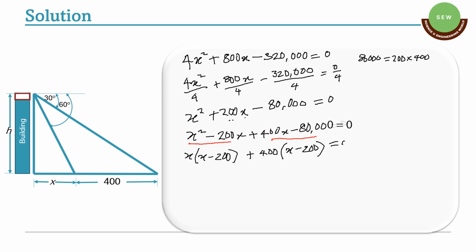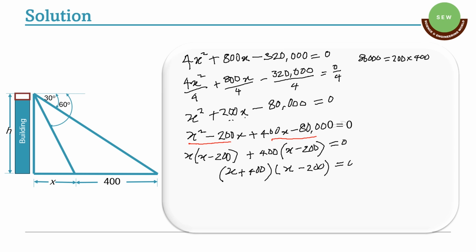And that's because these two brackets are the same, so we can write (x plus 400) and then we take one of the brackets, (x minus 200) equals to 0.